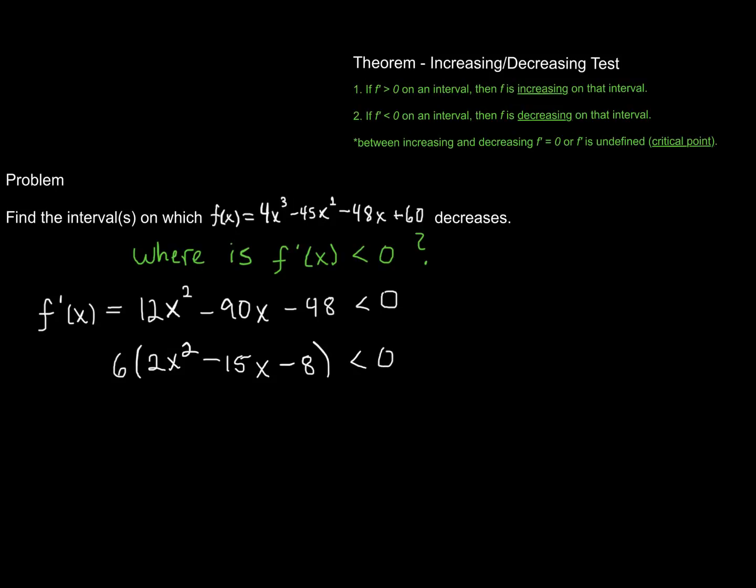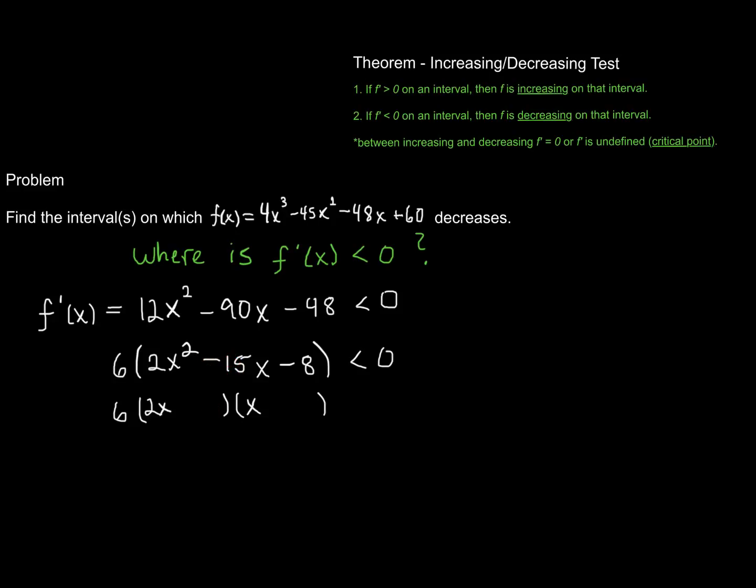And we can then factor this quadratic, and so you are going to have two linear factors here. When we're factoring a quadratic, we're thinking, okay, what can we multiply together to get 2x squared? So you're going to need a 2x and an x. And then what can multiply together to be negative 8? Well, you've got 1 and 8, or 2 and 4. Now you also have to remember you're going to need 2x times this plus x times this to equal negative 15x.